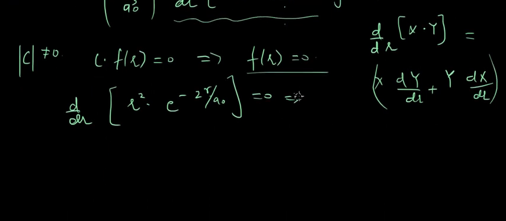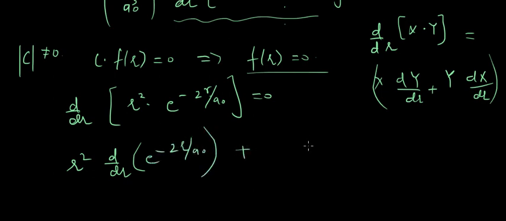So this would simplify to: taking r square first, r square times d by dr of e to the power minus 2r by a naught, plus, taking e to the power minus 2r by a naught outside, d by dr of r square, and this should be equal to 0.